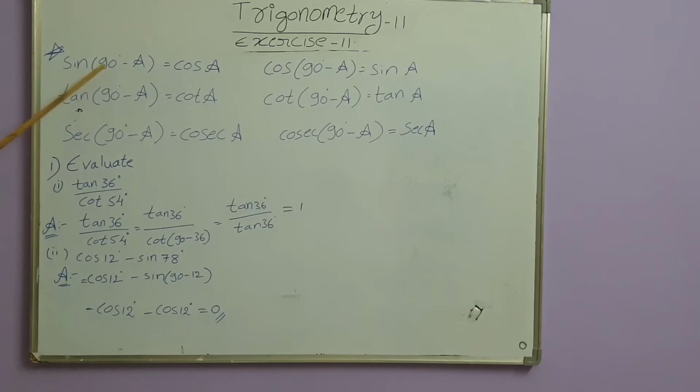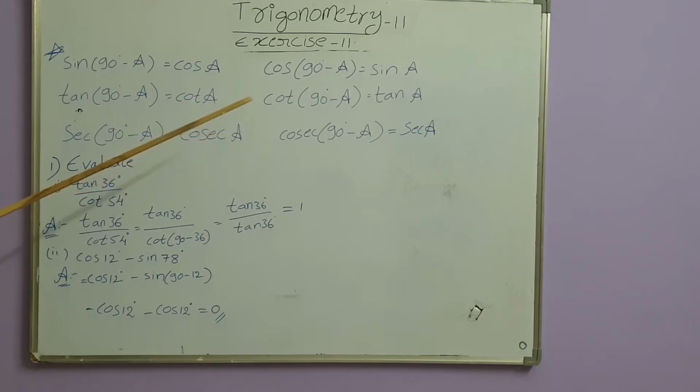Sin(90 degrees minus a) is equal to cos a. And cos(90 degrees minus a) is equal to sin a. And tan(90 degrees minus a) is equal to cot a. And cot(90 degrees minus a) is equal to tan a. Next, sec(90 degrees minus a) is equal to cosec a.